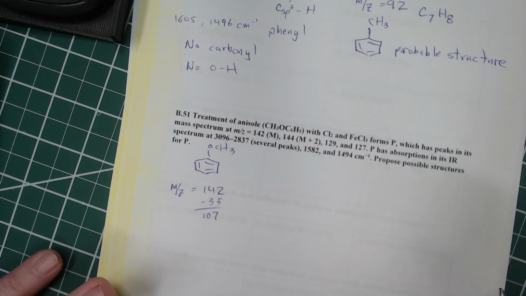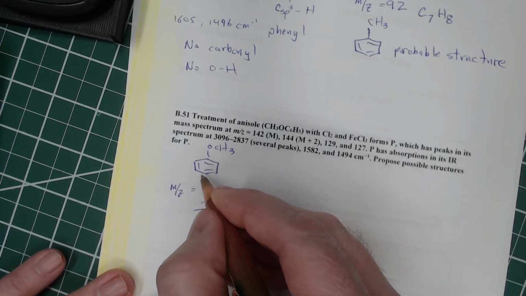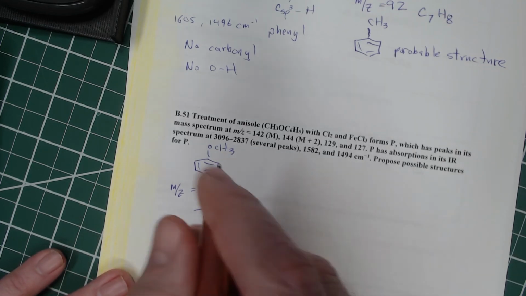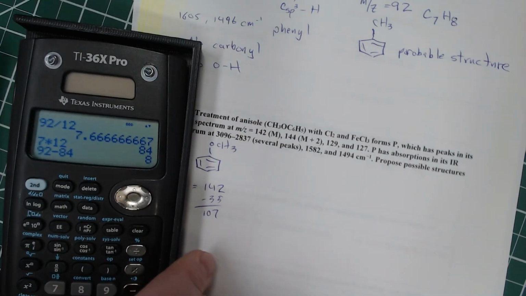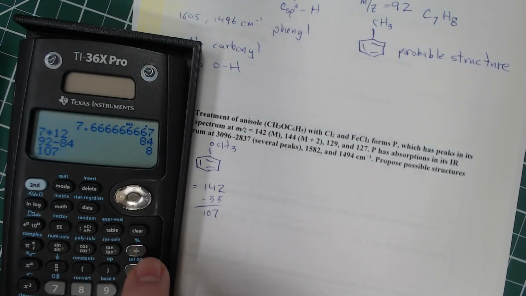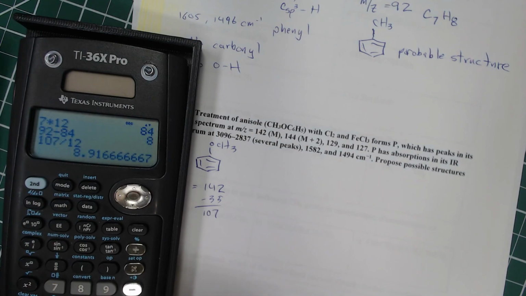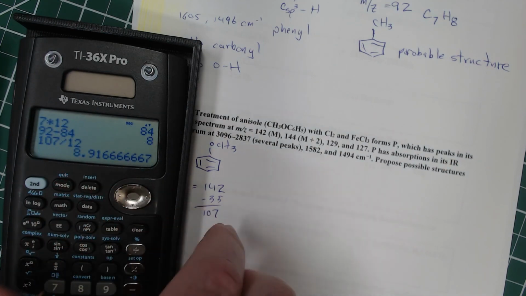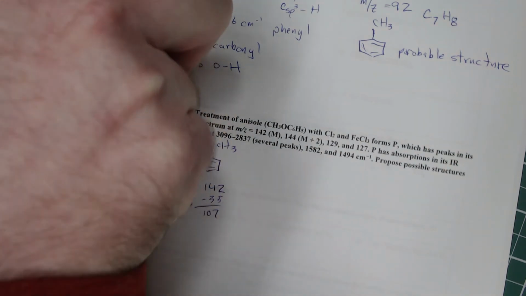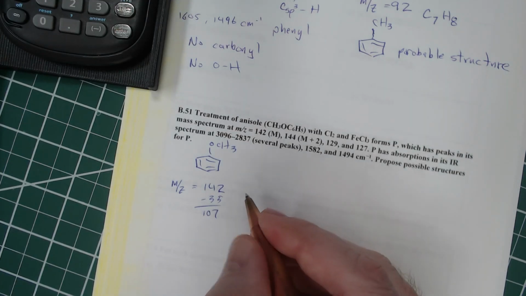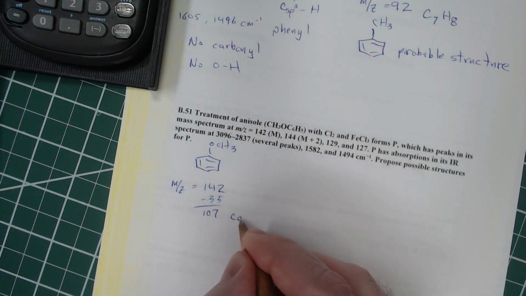All right, and now let's think about what that leaves for us. So 107 divided by 12. All right, it means we can have 8 carbons with some stuff left over. And that totally makes sense. So C8.